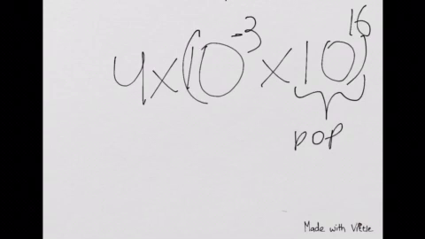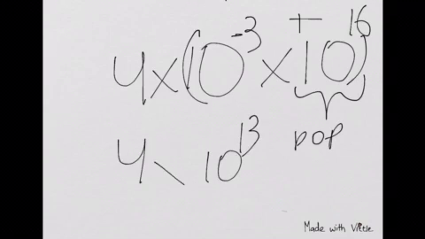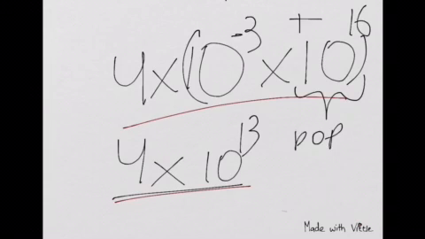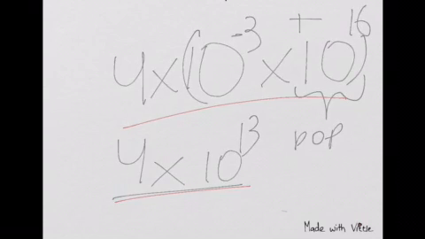See those 10s? Just take negative 3 plus 16, you get 10 to the power of 13. The 4 doesn't have any effect, just fill that 4 in. So, your final answer should be 4 times 10 to the power of 13.